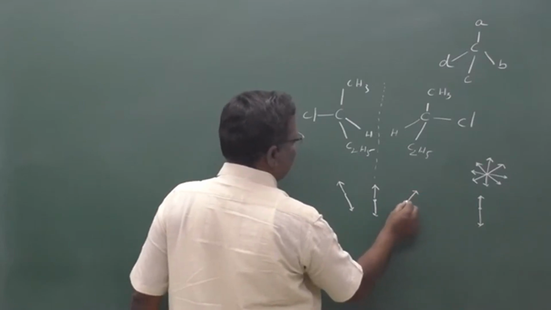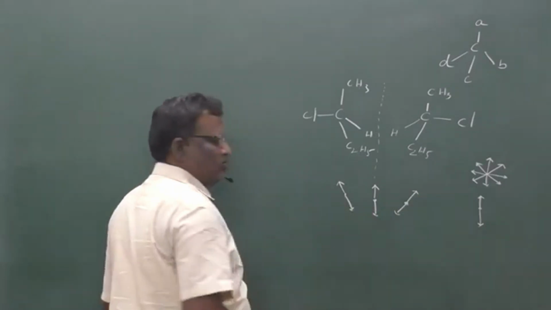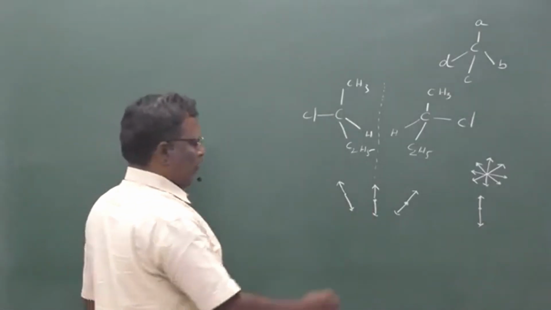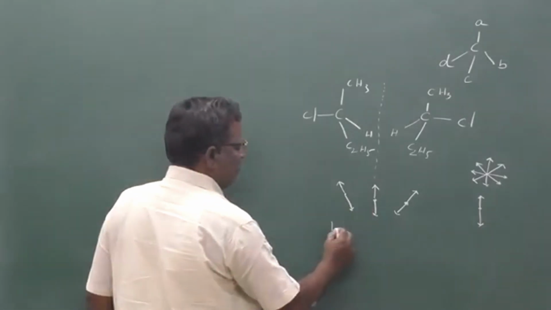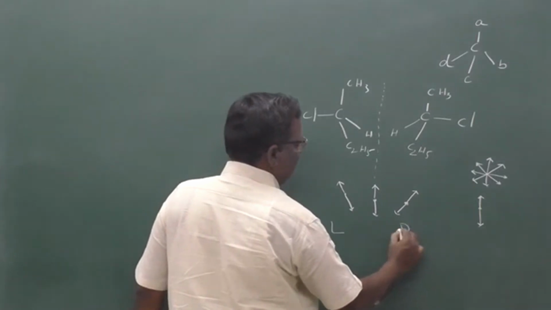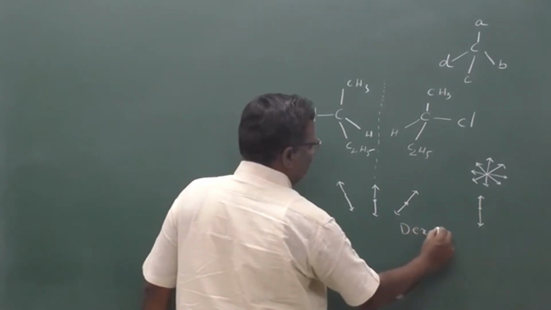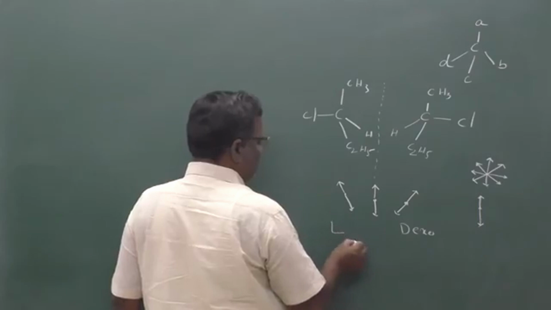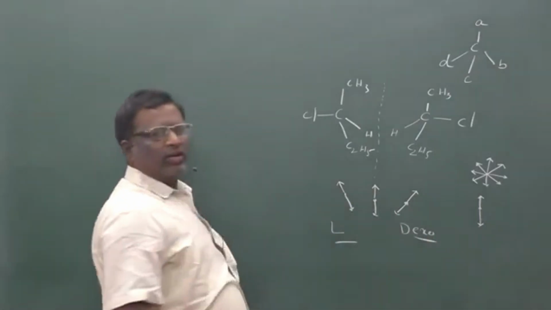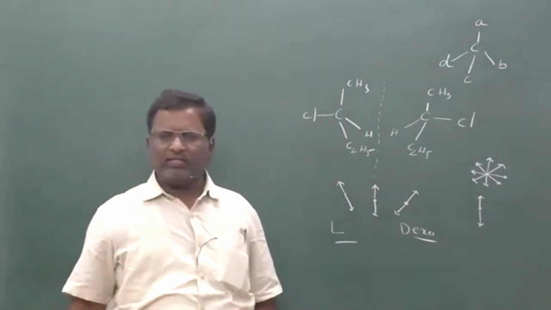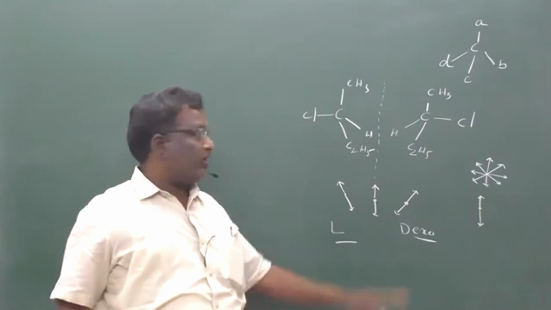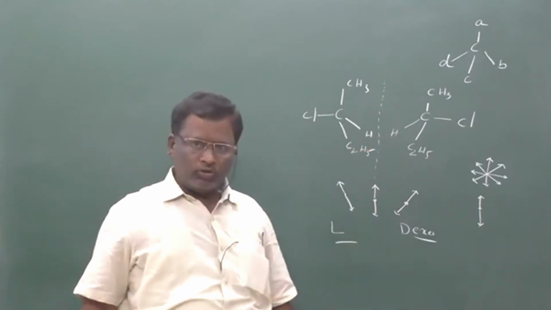So this rotates to the right side and this rotates to the left side. Left side is L form, levorotatory, and this is D form, which we call dextrorotatory. So if one isomer is levorotatory, its mirror image is dextrorotatory. These two are non-superimposable.